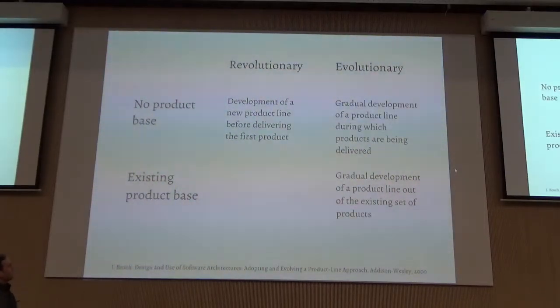The other two cases are that you actually don't have a product base, so you understand that there is such an approach as software product lines, but you must deliver something. So you try developing one of your products, but thinking of doing some cheap domain analysis, as I've shown you.